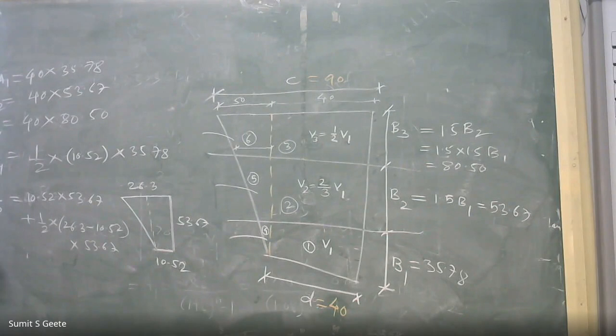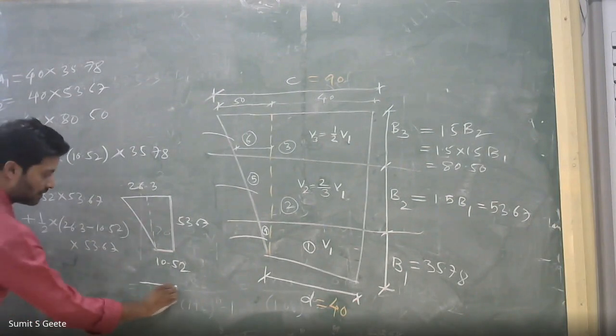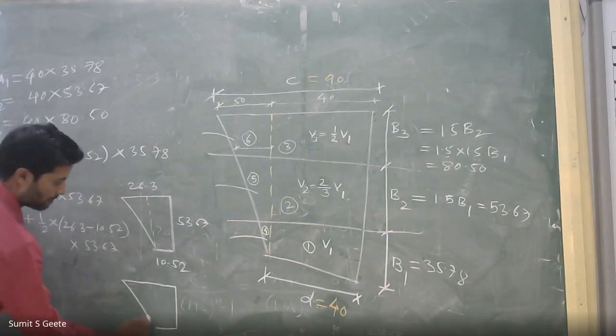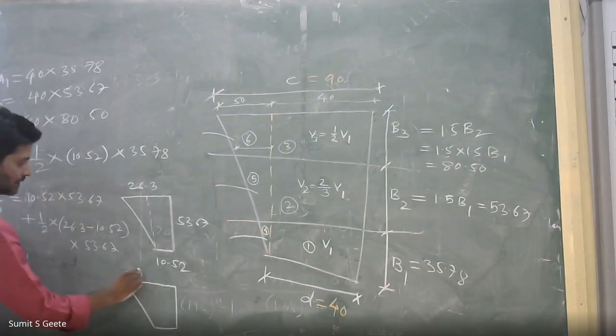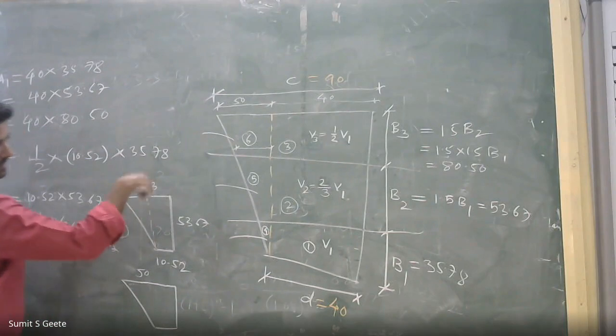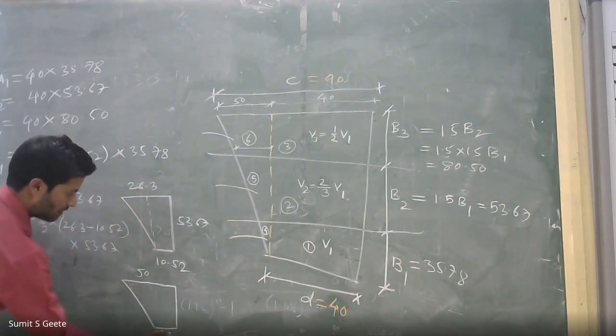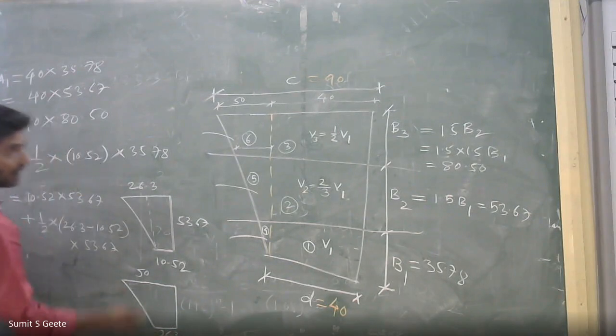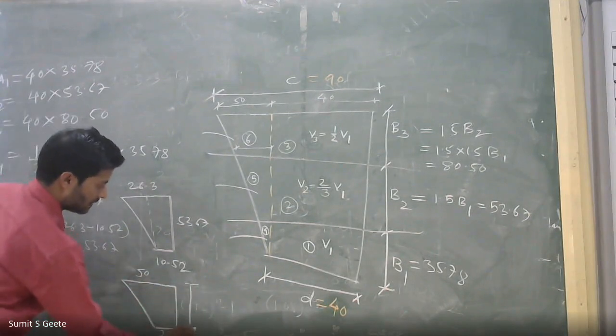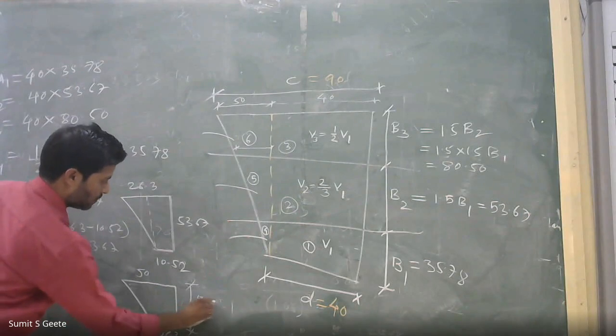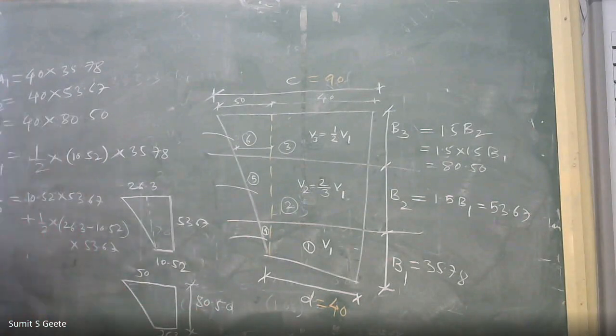So for A6, this is 50 and this one is 26 point something, and the vertical distance is 80.50, right? So again we are bifurcating this into two.